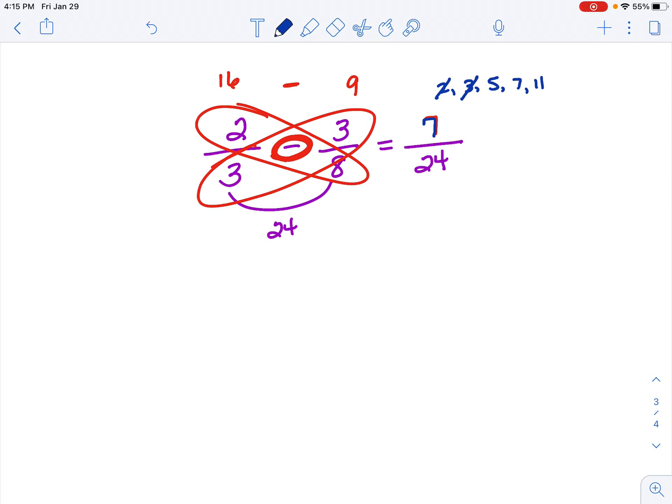I know 5 is not going to work because these numbers don't end with 0 or 5. If I take my finger and I go down my 7s column, I see a 7, but I don't see a 24, so that doesn't work. And if I go down my 11s, I don't see 7 or 24. So this is reduced because of the last reason. But you have to make sure your answers are reduced.